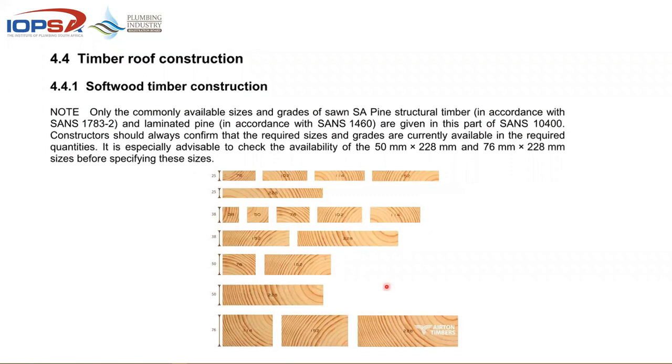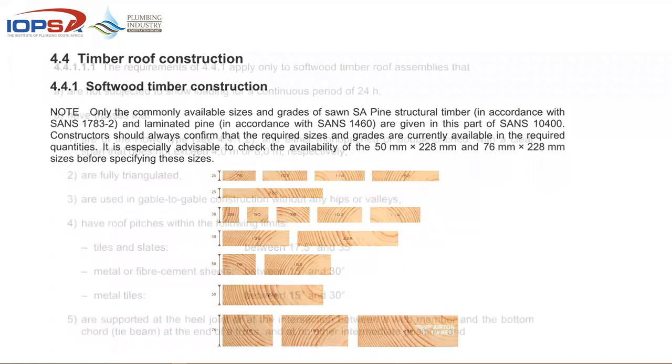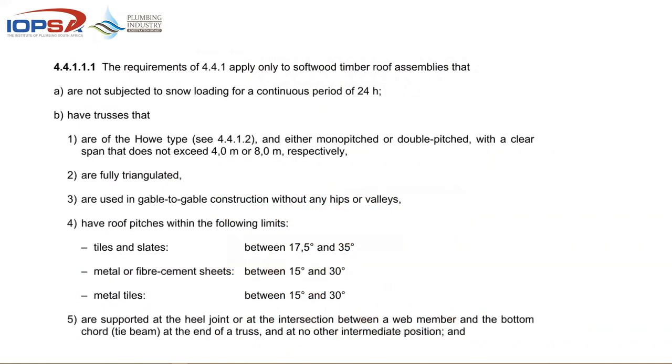There were a couple of sizes omitted through the years, but basically this is what you would be able to buy right now. So we're looking at different slopes and materials for those roof coverings, and we're talking about a Howe type truss, whether it be mono or double pitch. In other words, whether it goes one direction or both.